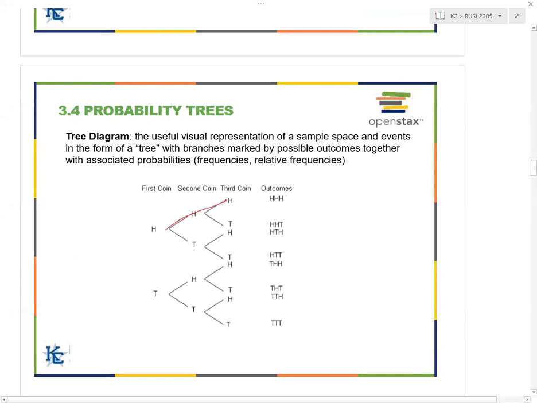So in this tree, these are the branches. This branch gives you the outcome HHH. This branch gives you the outcome HHT, and so on and so forth.